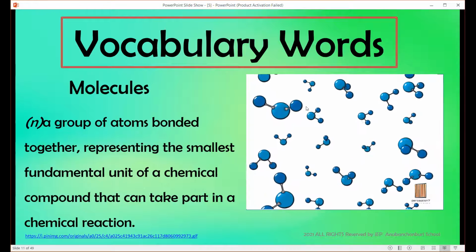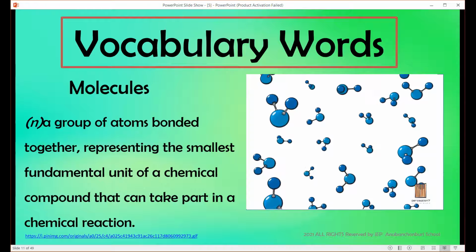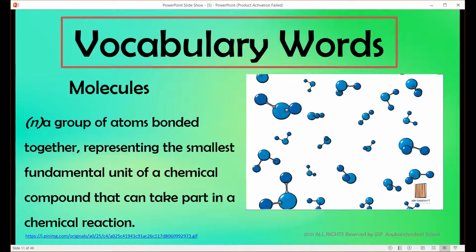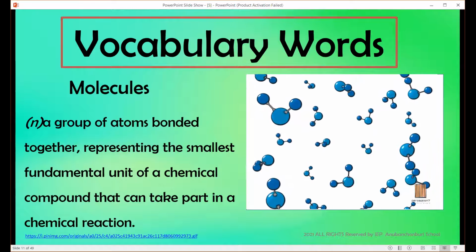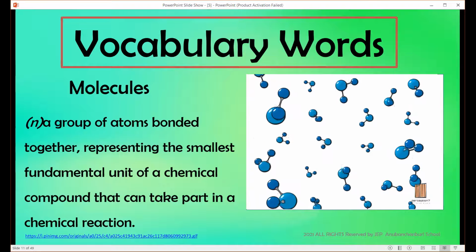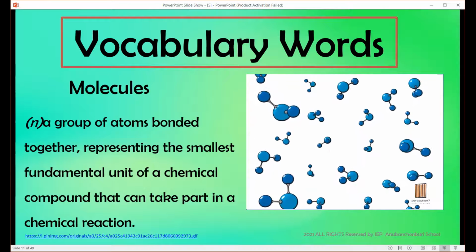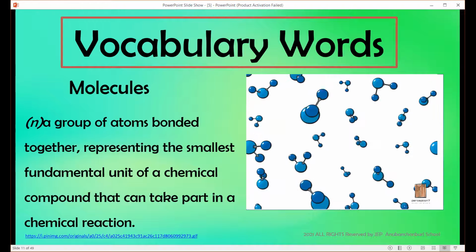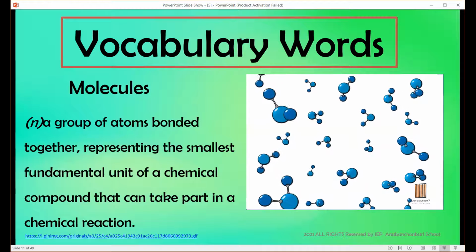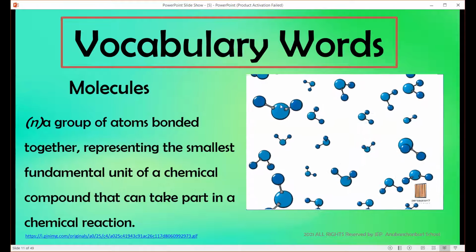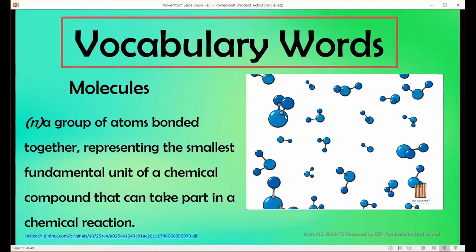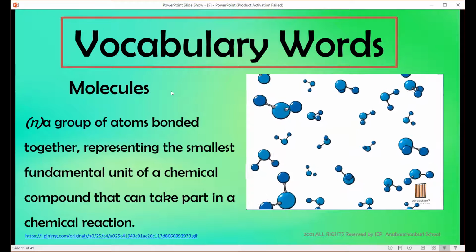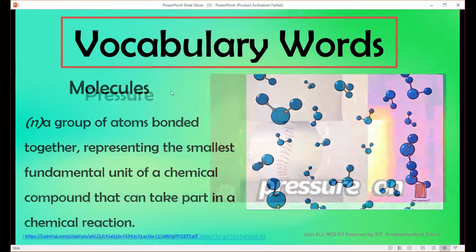What do you think is this molecule? This is a molecule of what? Water. Yeah, it's water. So how many hydrogen can you see in the picture? 2. Yeah, because it's H2O, right? And we have one oxygen. So the big one is the oxygen and these two are hydrogen. So they are connected in a bond together. All right. So that is a molecule.